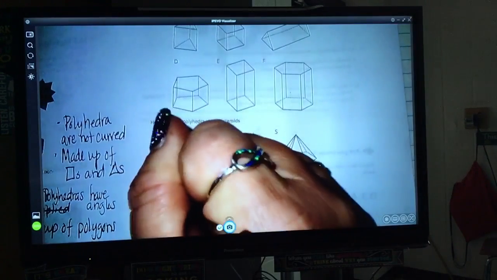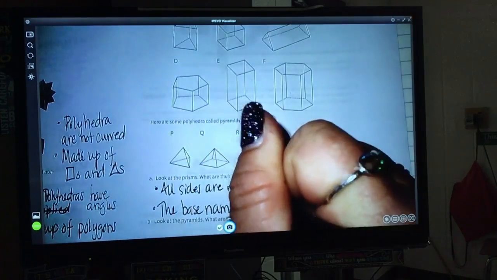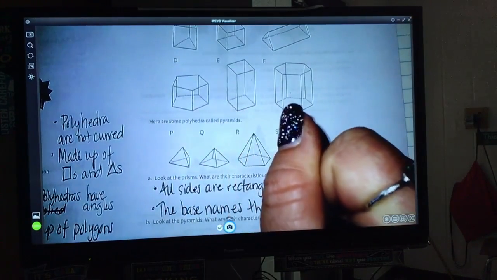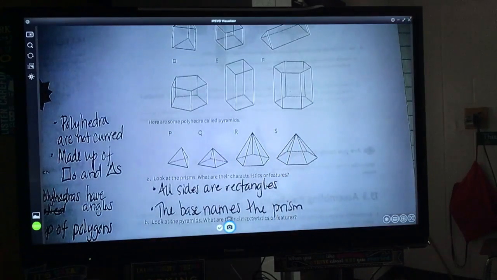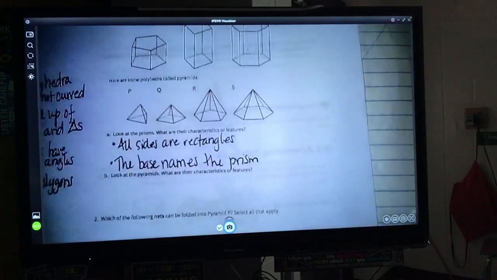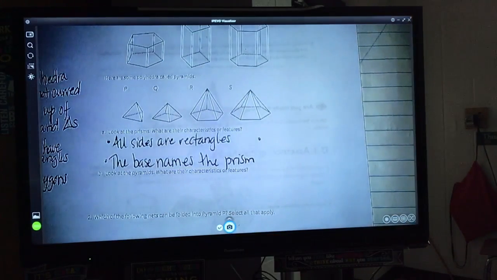Depending on the base will form the shape. So the base names the shape. Like, its base is a triangle. Okay, so let's say the base names the prism. So we use correct terminology.